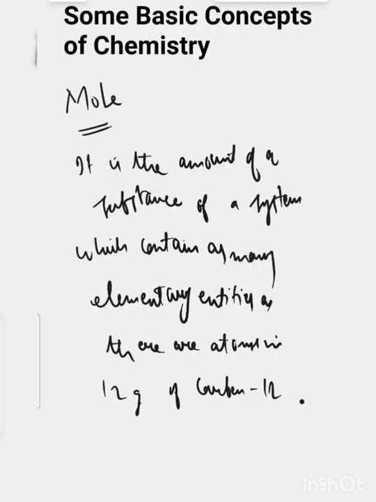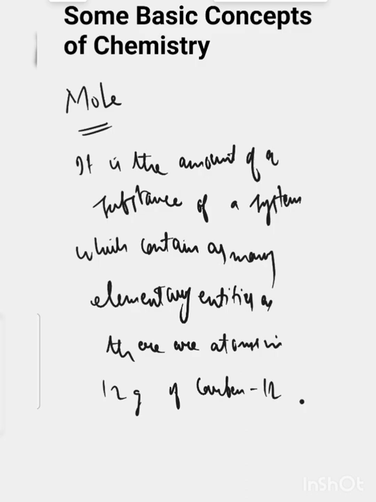So what is mole? Mole is the amount of a substance of a system which contains as many elementary entities as there are atoms in 12 gram of carbon 12. You see, carbon 12 is taken here as the standard unit of measurement. We take 12 gram of carbon 12 isotope, and when the number of atoms present in these 12 gram of carbon 12 is equal to the elementary entities present in the substance we are considering, it is equal to 1 mole.